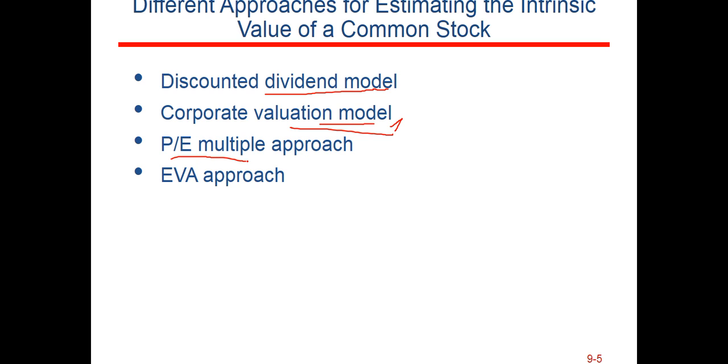The PE multiple approach is something easier. You can do it literally at the back of the envelope. What you do there is you calculate the price based on an average PE ratio given in an industry. Let's say the PE ratio in a given industry is 10, and earnings for a specific firm you are considering is $2 per share.